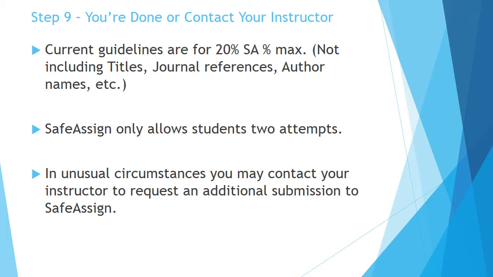Okay. As I had mentioned a little earlier, we are looking for 20% as the maximum SafeAssign matching percentage. That will not include titles, journal references, author names, and other things that we know SafeAssign is going to find. This is for the body of the paper. And the reason is we are looking for not just you going to the internet and copying or paraphrasing things and bringing them back into your paper.